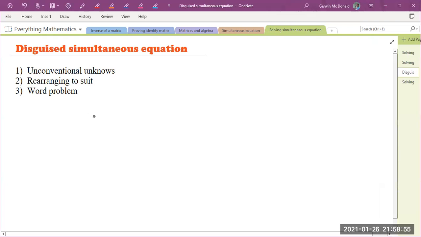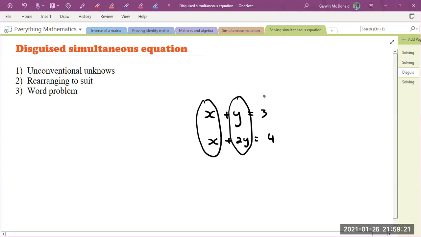The other way you could come across these is by rearranging to suit. Not all the time when you get a simultaneous equation will you get it as x plus y equal to, let's say, 3, and then x plus 2y equal to, let's say, 4. Not every time do you have your x's, your y's and your constants already lined up for you.